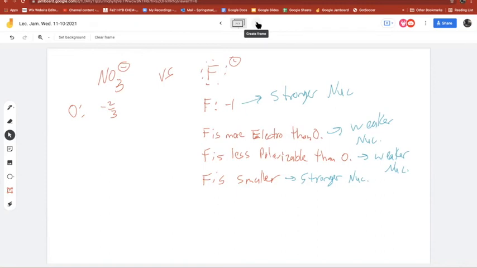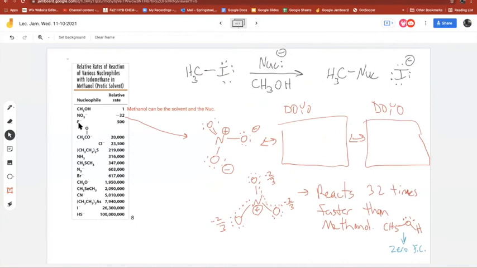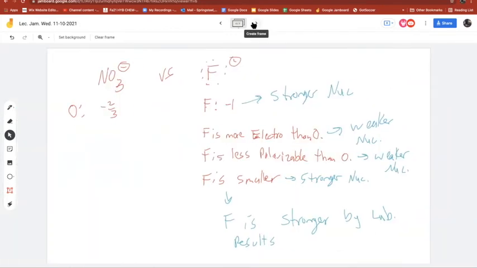It turns out that the fluorine is stronger by lab results, because we saw on the last table the fluorine reacts 500 times faster than methanol, and nitrate just reacted about 32 times faster. So it looks like the -1 overall charge versus -2/3, and the smaller size, made a bigger difference.